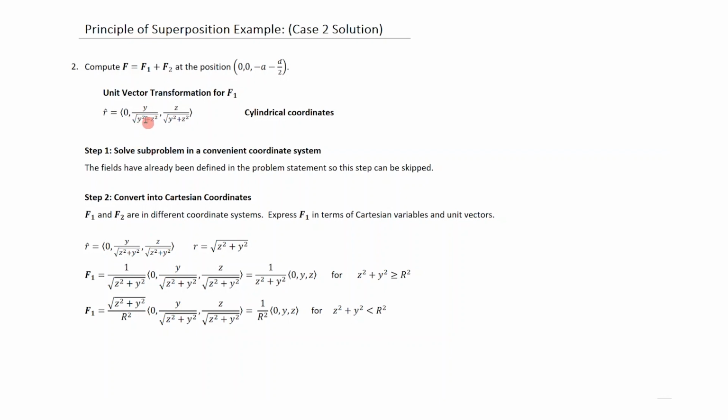So you have this representing the y component and this representing the z component of the unit vector. R we know is defined as follows. Making these substitutions into the original expressions, we end up with F1 looking like this for outside the cylinder and like this inside the cylinder. But now these are written in Cartesian coordinates.